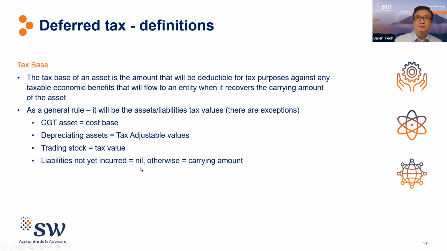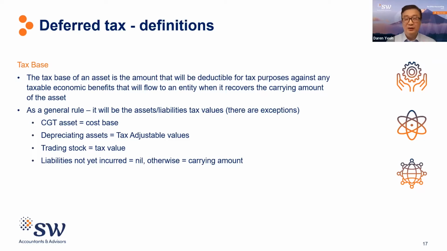For liabilities, it depends on whether or not when you pay that liability, it will give rise to a deduction. So, for example, if you repay a bank loan, a trade creditor, or an intercompany loan, the payment of that liability does not give rise to a deduction.